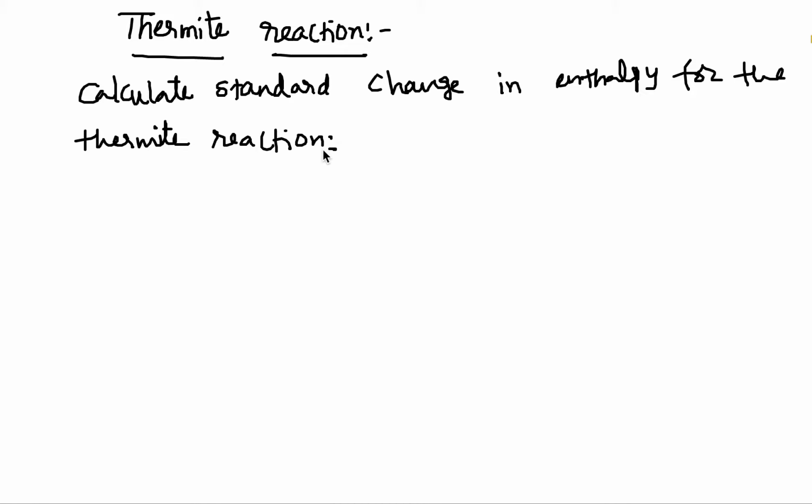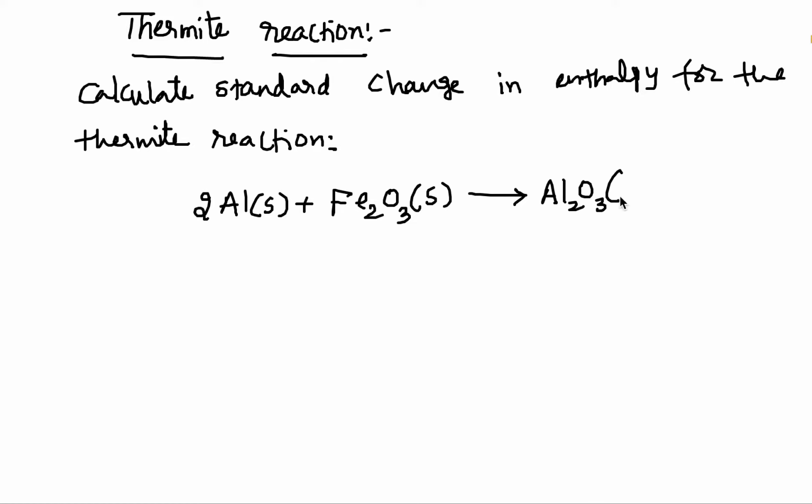Thermite reaction is producing iron from iron oxide using aluminium, which is used in connecting broken rail tracks. So, one of the famous applications of chemistry. Actually, the heat evolved is so high that iron comes in the form of liquid, but for the sake of the problem, let's use the iron as a solid here.